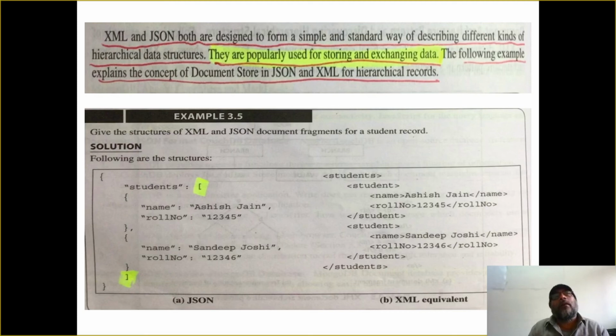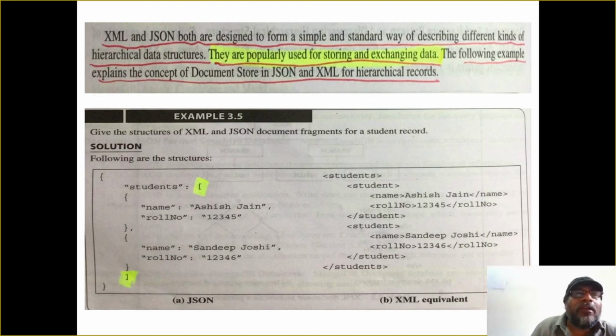XML and JSON are both designed to form a simple and standard way of describing different kinds of hierarchical data structures. Okay, the data we want to describe using some hierarchical arrangement. They are popularly used for storing and exchanging data. The following example explains the concept of documents stored in JSON and XML hierarchical records.